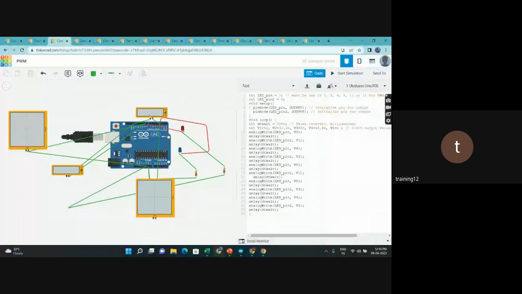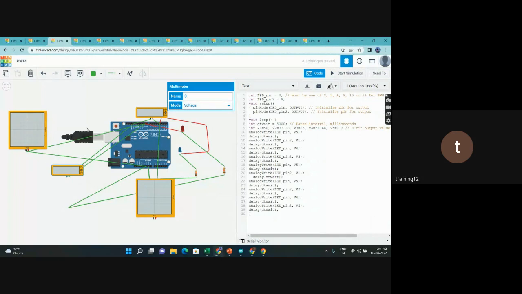So, pulse width modulation. What is the pulse? The pulse is basically the peak to peak distance. You can see the peak to peak voltage, the pulse, in the oscilloscope. That's why we use the oscilloscope to show the pulse. We have used two oscilloscopes for the two LEDs, and also this is a multimeter.